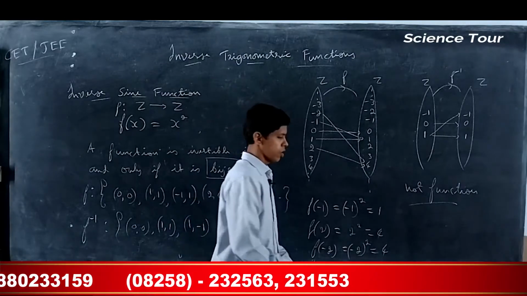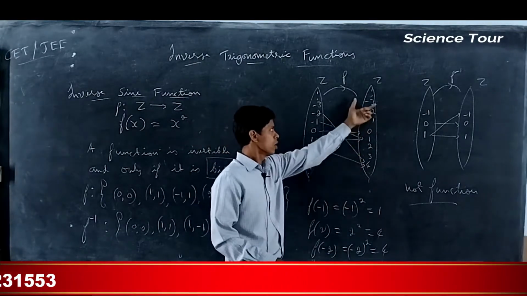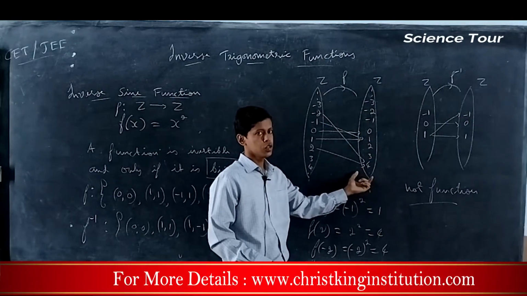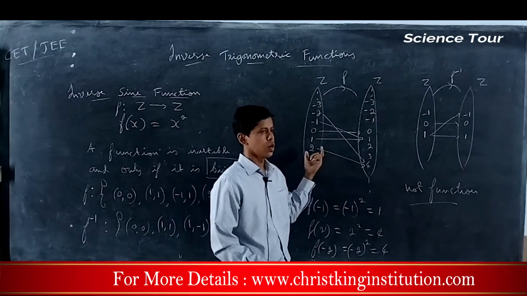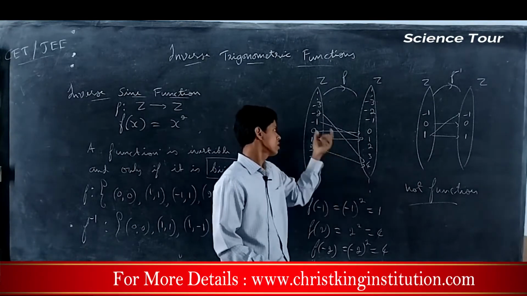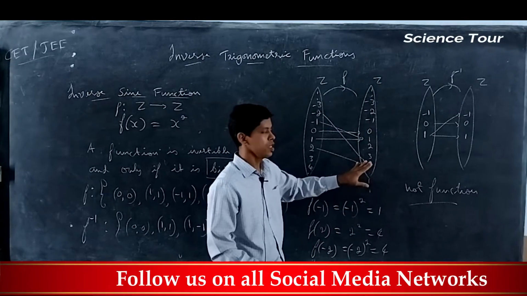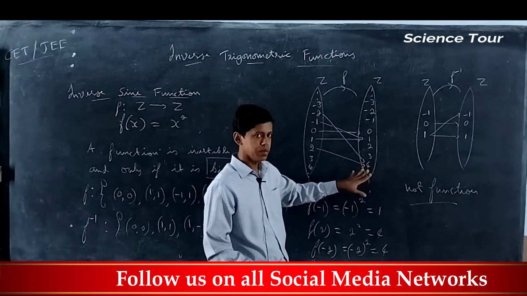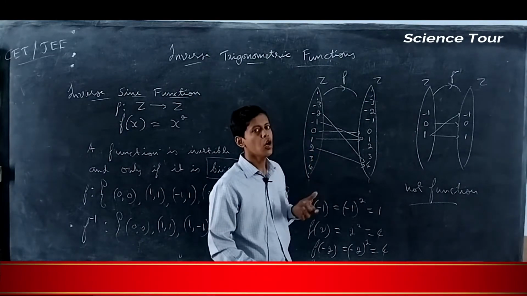Now we are done with one-one. What about onto? Every element should have a pre-image. Every element of the codomain must be an image of some element of the domain, then only it will be onto.